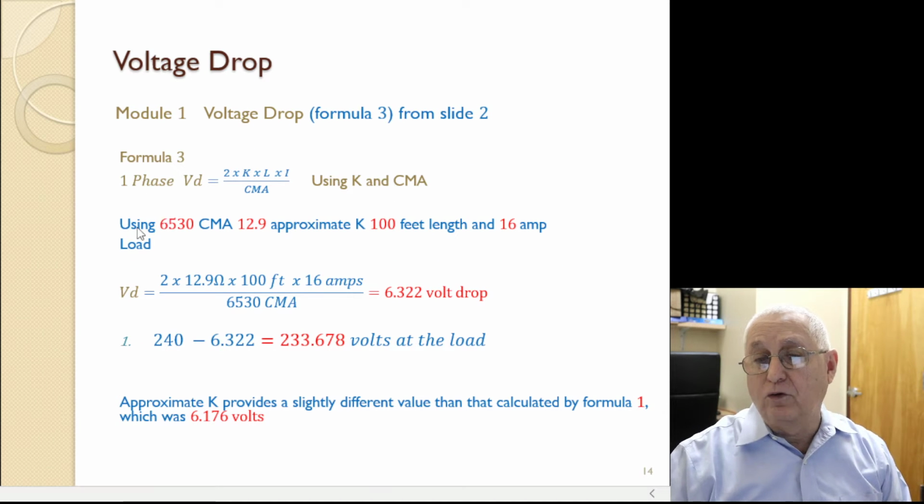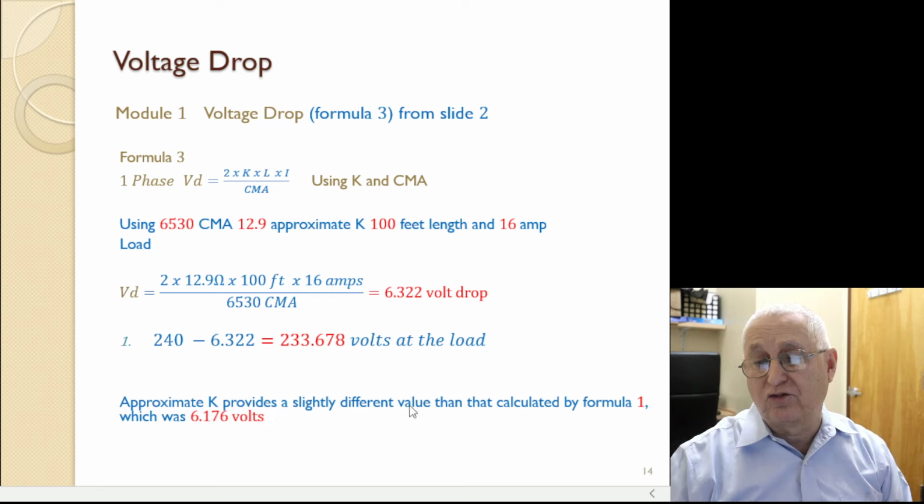And here we have, using 6530 CMA, 12.9 approximate K, 100 feet, 16 amps: 2 times 12.9 times 100 feet times 16 amps divided by 6530 CMA, and that equals 6.321 volt drop. If we subtract that from the 240, we will get 233.678 volts at the load.